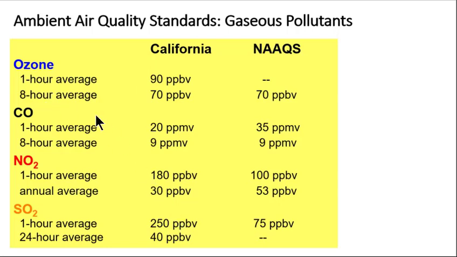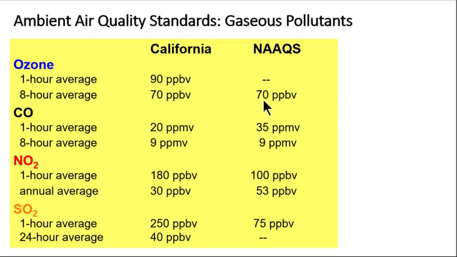For example, ozone has both a 1 hour and an 8-hour standard. The 1 hour standard in California is 90 parts per billion, and the 8-hour standard in California is 70 parts per billion, as well as the NAAQS federal standard for an 8-hour average ozone concentration is 70 parts per billion.